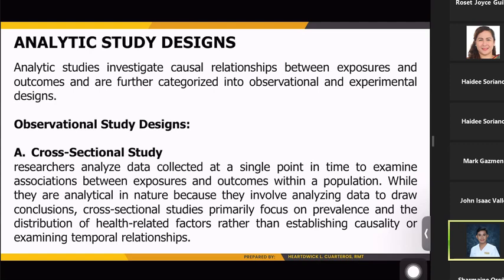Cross-sectional studies also primarily focus on the prevalence and distribution of health-related factors rather than establishing causality or examining temporal relationships.